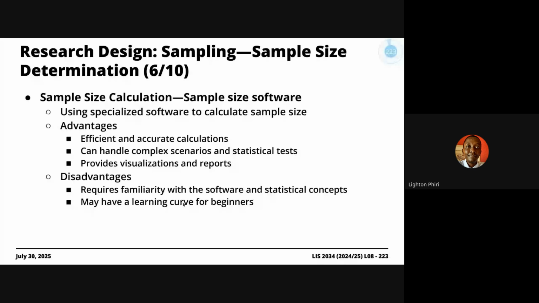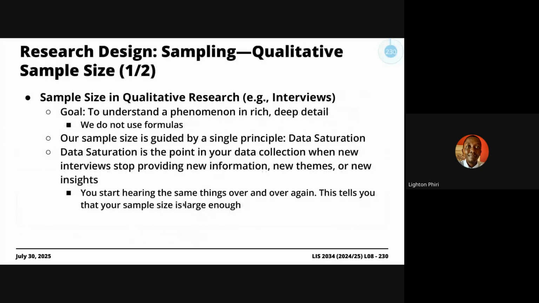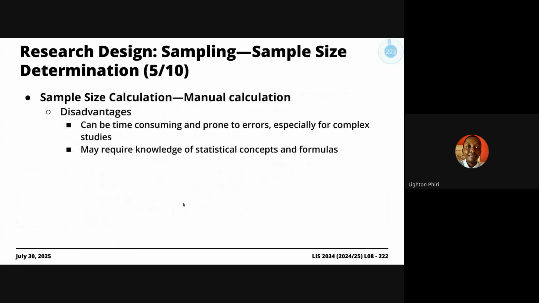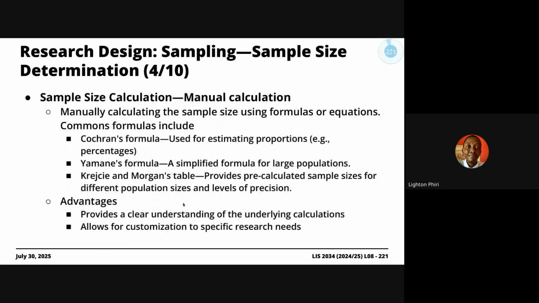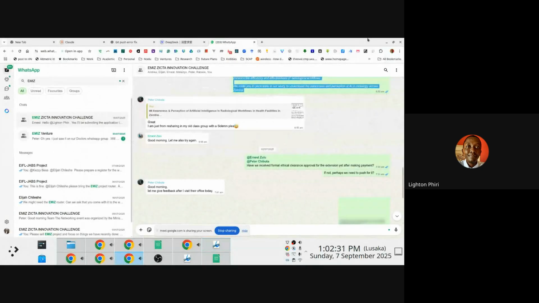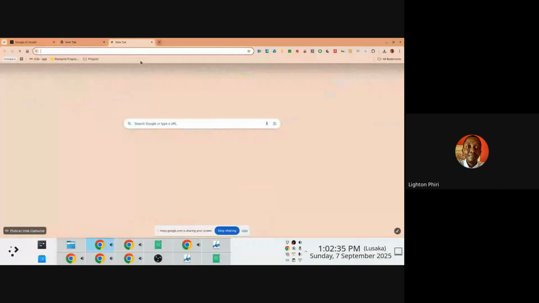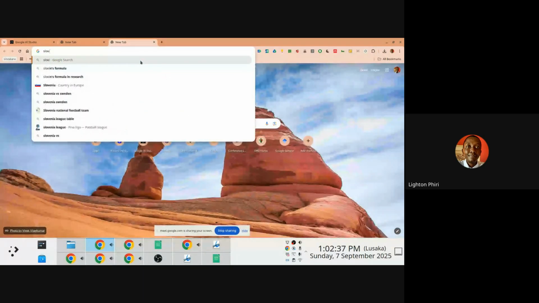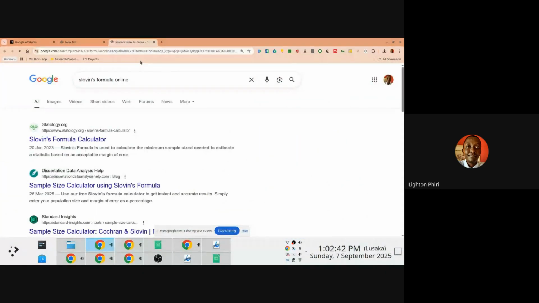By the way, some of these have corresponding calculators online. So all you can do is just say Cochran's formula, or maybe Slovin's formula online, and you have a calculator.